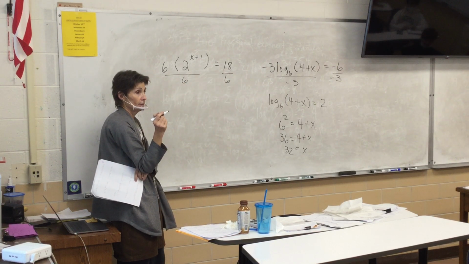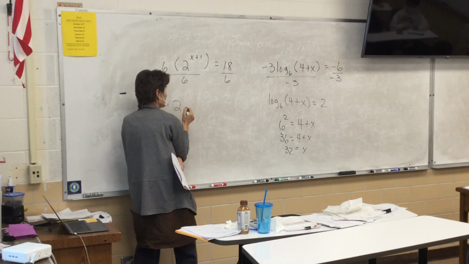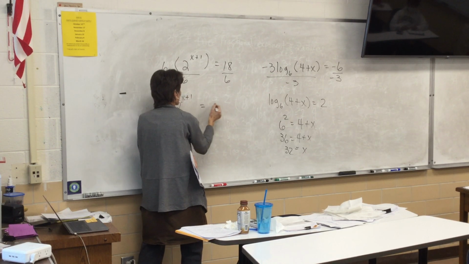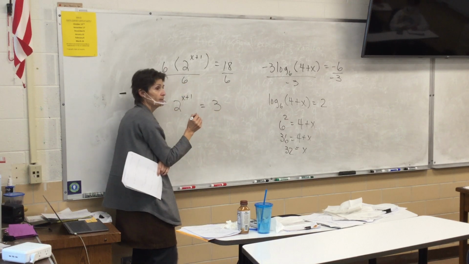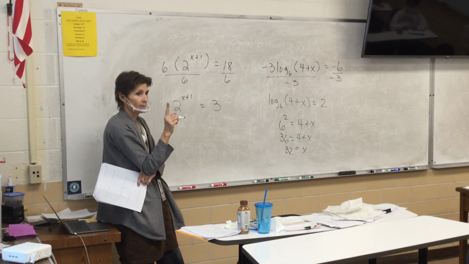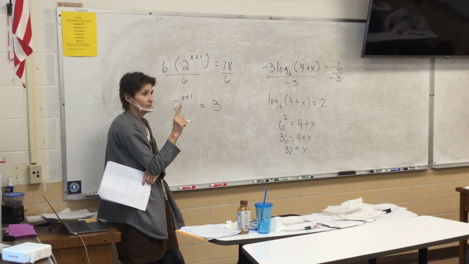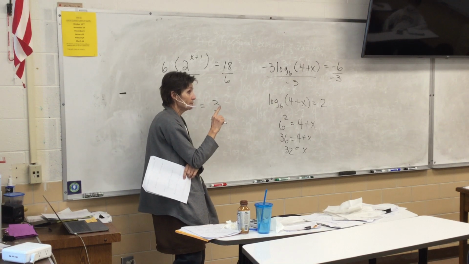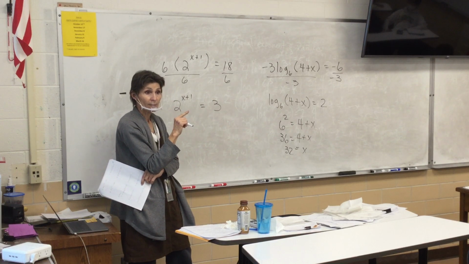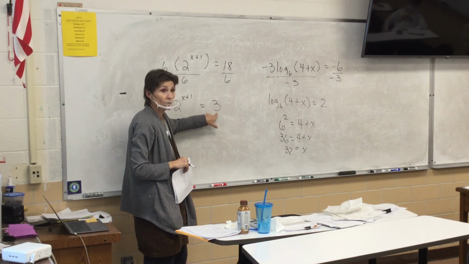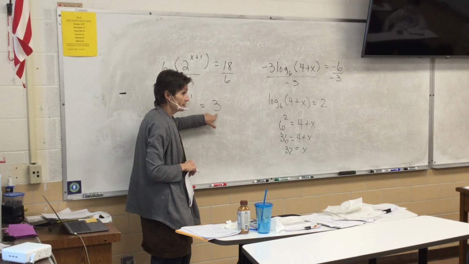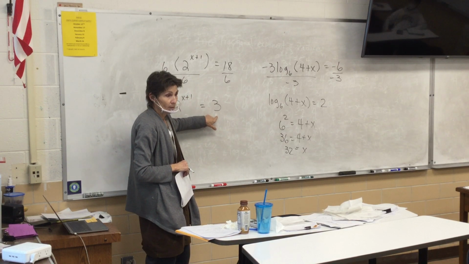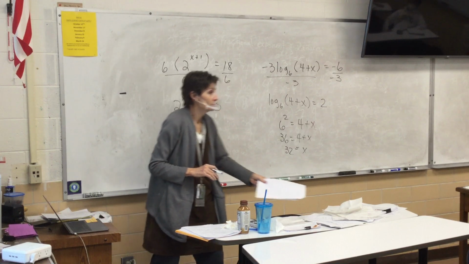Always. I get 2 to the x plus 1 equals 3. What's different about this? There's no common base between 2 and 3. If this were a 4, or an 8, or a 16, everything would be perfect. Okay, so what am I going to do?